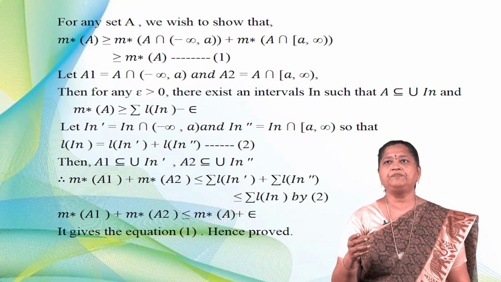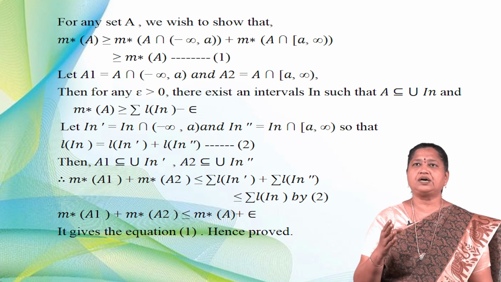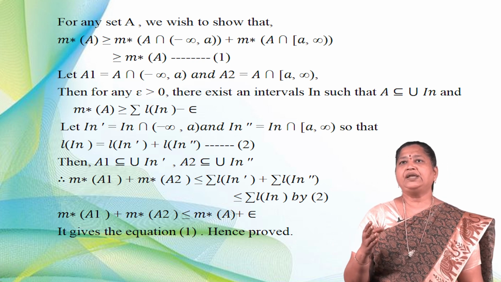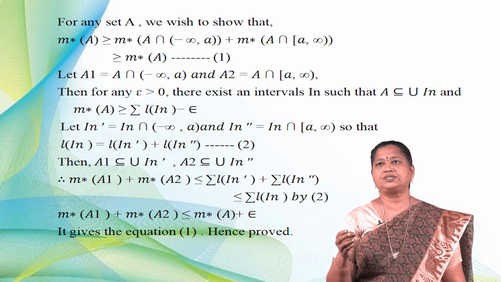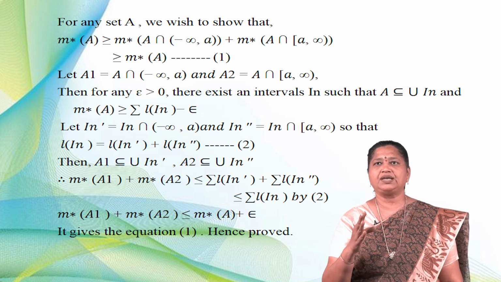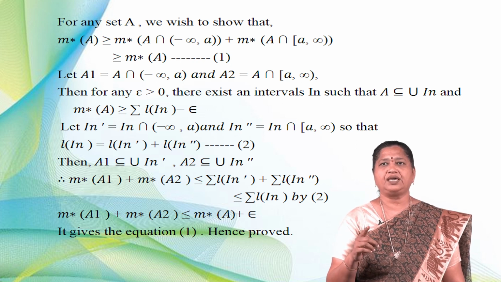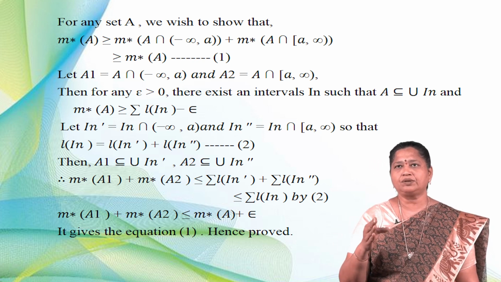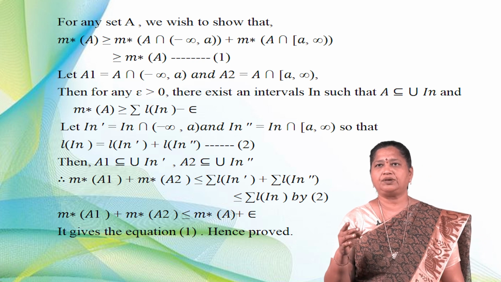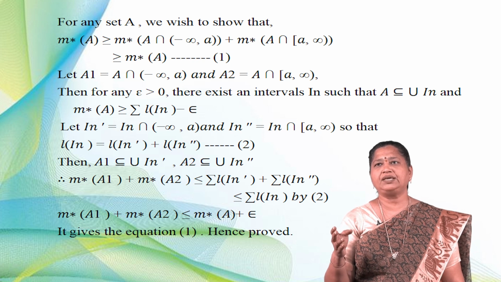For any set A, we will show that m star of A is greater than or equal to m star of A intersection (minus infinity, a) plus m star of A intersection half open interval (a, infinity), which is greater than or equal to m star of A; that is equation 1. Next, let us take A1, which is equal to A intersection open interval (minus infinity, a), and A2, which is equal to A intersection half open interval (a, infinity).